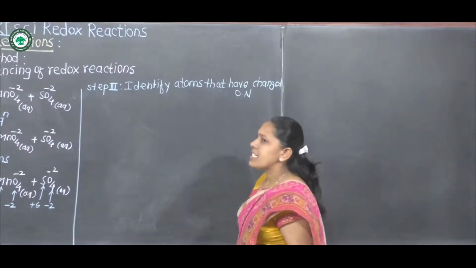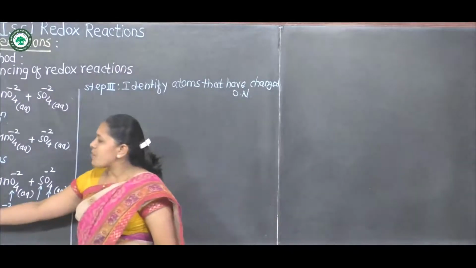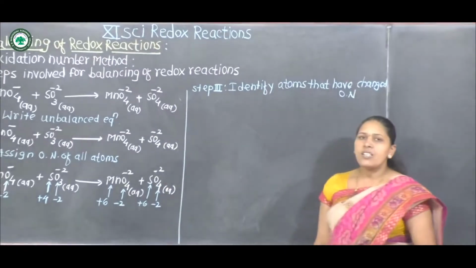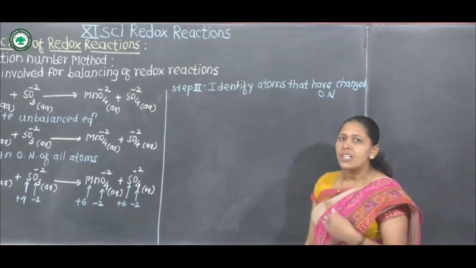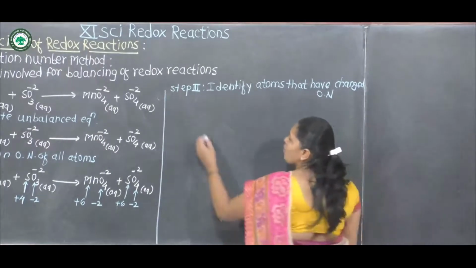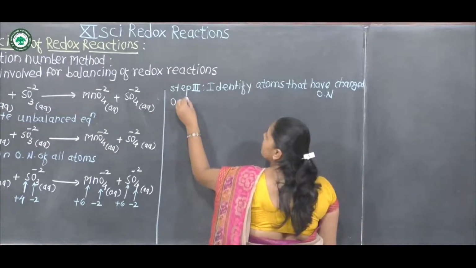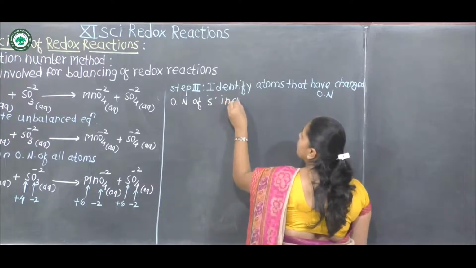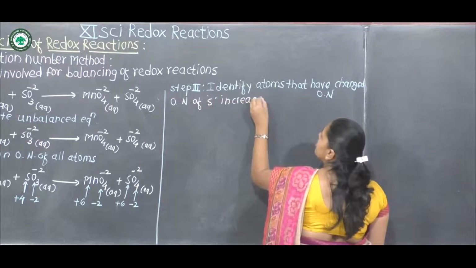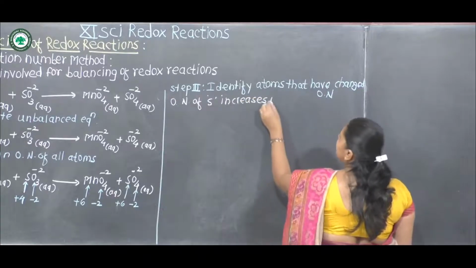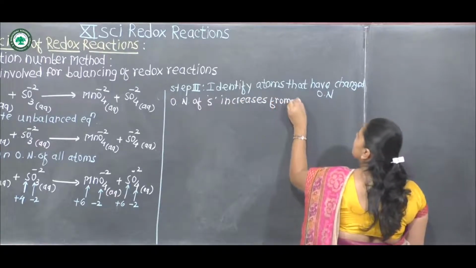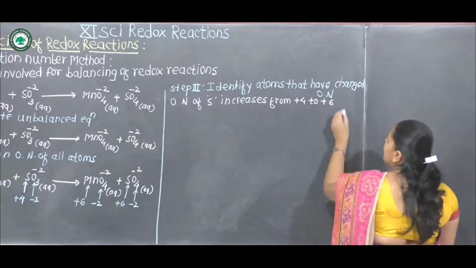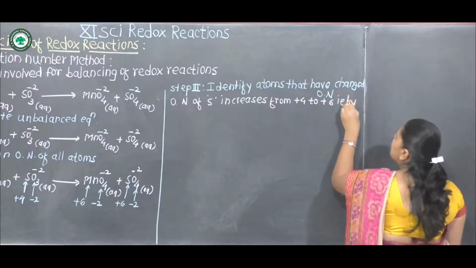This reaction indicates that oxidation number of sulfur changes from plus 4 to plus 6. That means it undergoes oxidation. Therefore, oxidation number of sulfur increases from plus 4 to plus 6, that is by 2 units.